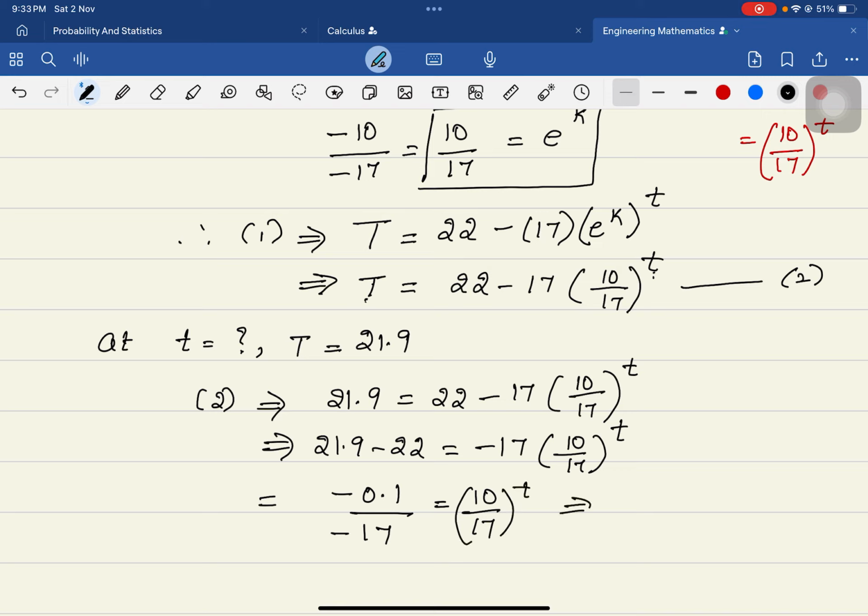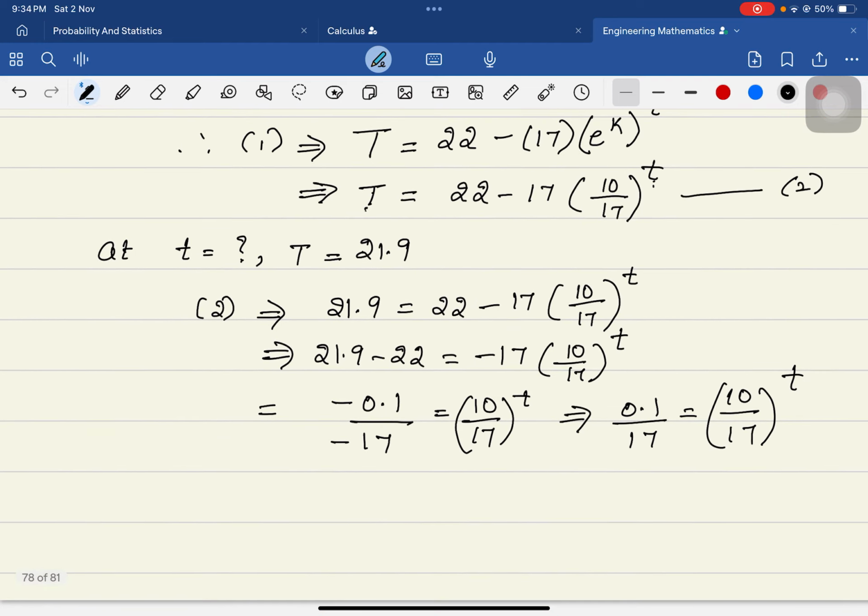Now let us rewrite this. 0.1 by 17 gives the value 0.0058. You can use your calculator to get this value, and this is equal to 0.5882 to the power t.